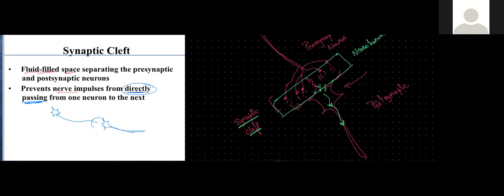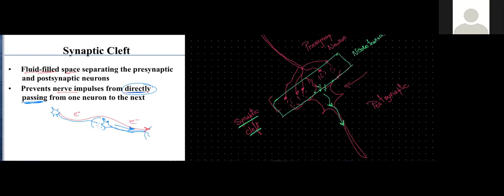Why do you want to do all this? Why do you want to release chemicals, those chemicals to bind to the receptors, to open the channels, to create another signal that travels along the postsynaptic neuron? Why don't you simply allow the electrical impulse to travel directly from the presynaptic neuron to the postsynaptic neuron, and that's it?